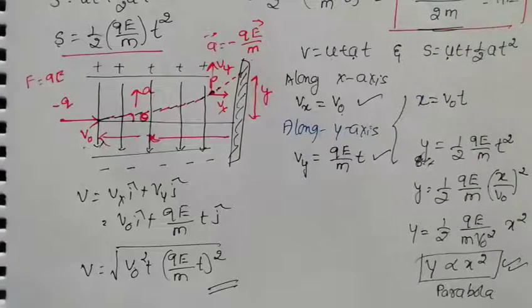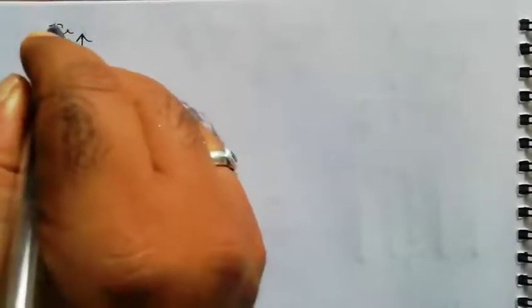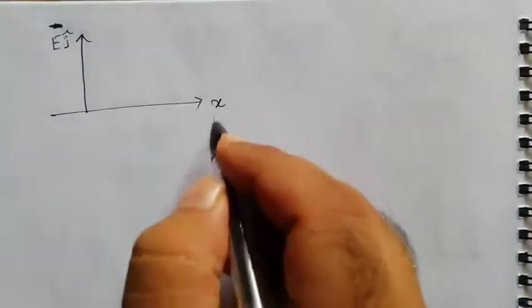Okay, let us do one more topic. Now we consider one more case. That case is if you project a particle at some angle. So let us consider the electric field in this direction, along j cap. So this is along the y component, and the x-axis is horizontal.